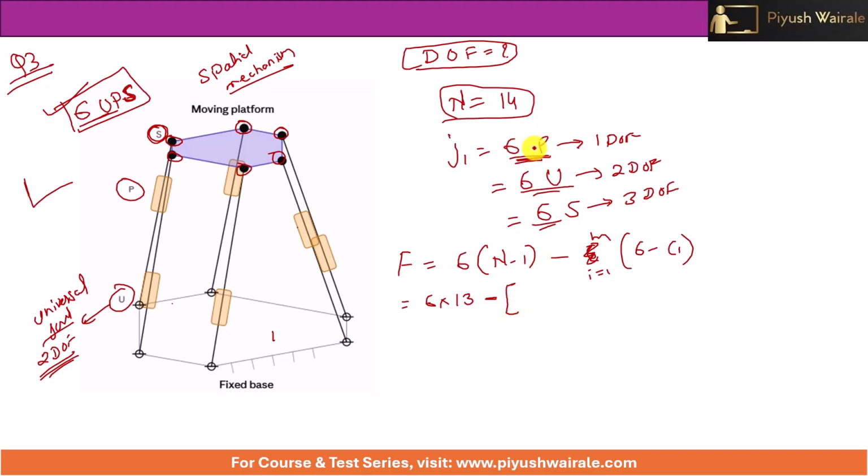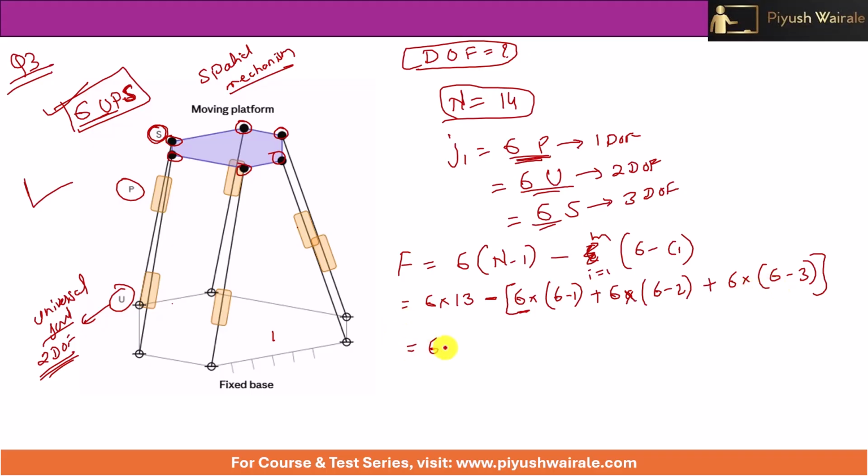For the first 6 prismatic joints, 6 into (6 minus 1), plus 6 into (6 minus 2) for universal, plus 6 into (6 minus 3) for spherical here. Because we have 6 prismatic joints, that's why 6 minus 1. We have 6 universal joints, 6 minus 2. We have 6 spherical joints, that's why 6 minus 3.